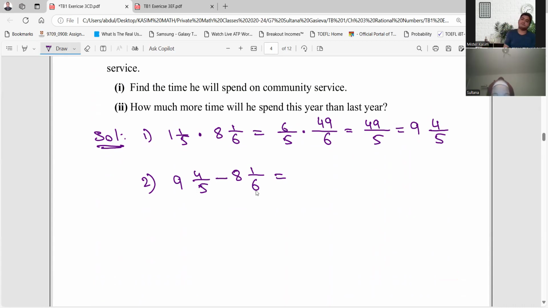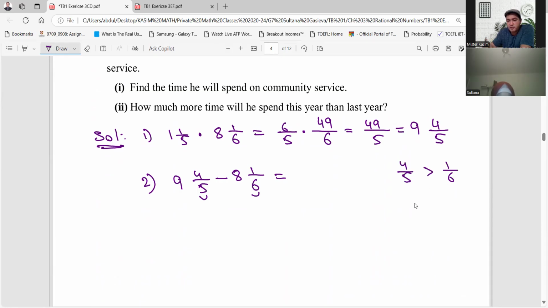Okay. 9 times 5 is 45, and then 45 plus 4. One way is, Sultana, you should also try this method, because I know that this fraction is greater than this fraction. Yes, because 4 over 5 is greater than 1 over 6. How do I know that?